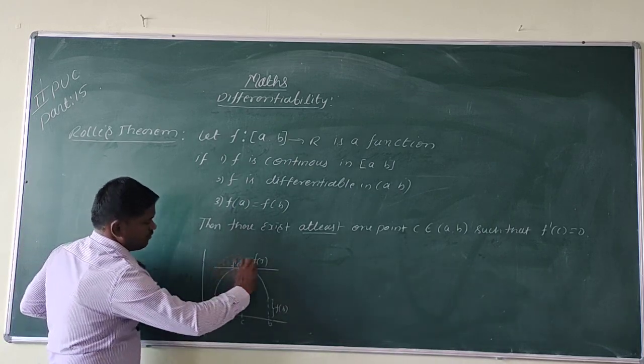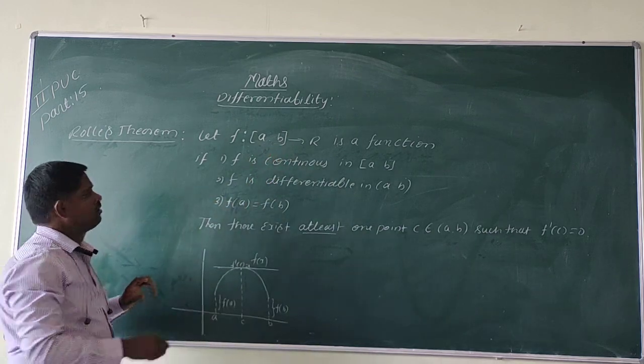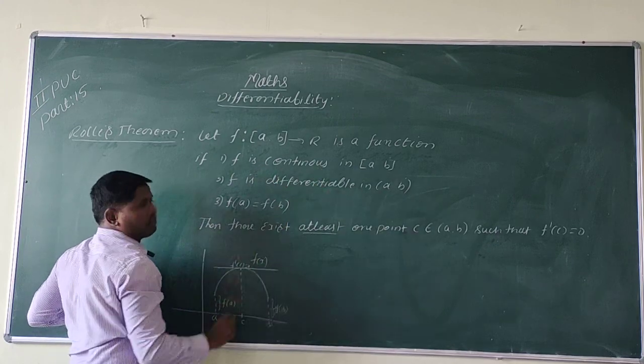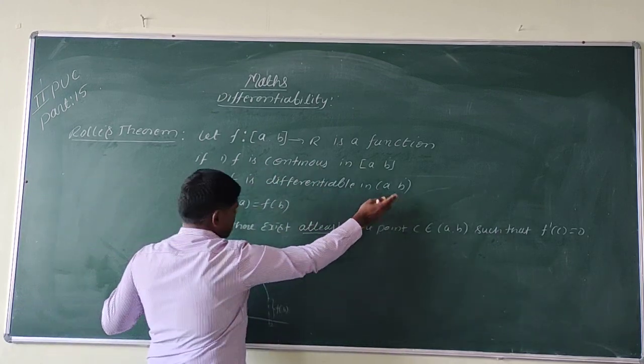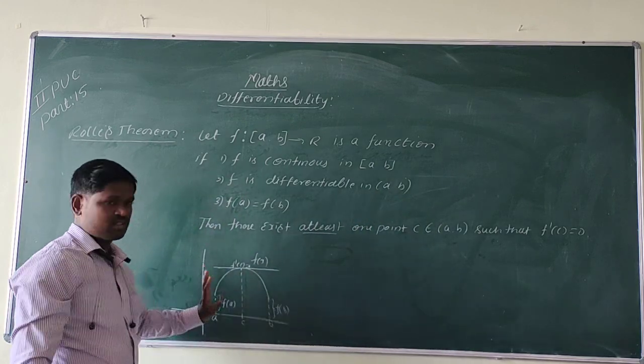Suppose f is a function from [a, b] to R. If f is continuous in the closed interval [a, b], differentiable in (a, b), and f(a) is equal to f(b), then all three conditions are satisfied.